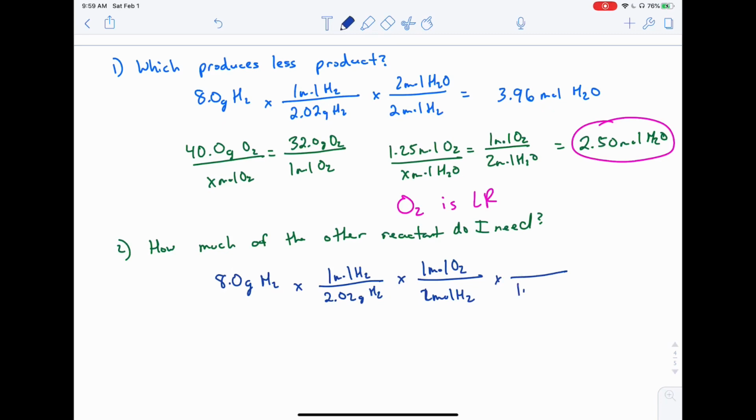Here I do want to convert to grams because I'm comparing it to grams in my problem. So I do 8 divided by 2.02 times 32 divided by 2, and I need 63.37 grams of O2 to react.